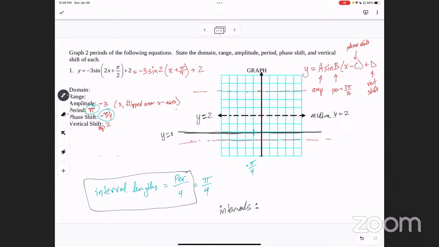You start with your phase shift. Your first interval is your phase shift. Your second interval is your phase shift plus the interval length. I'm calling that IL for interval length. Your third one, you add another interval length, and your fourth one, you add another interval length. That's how you find your 4 points.